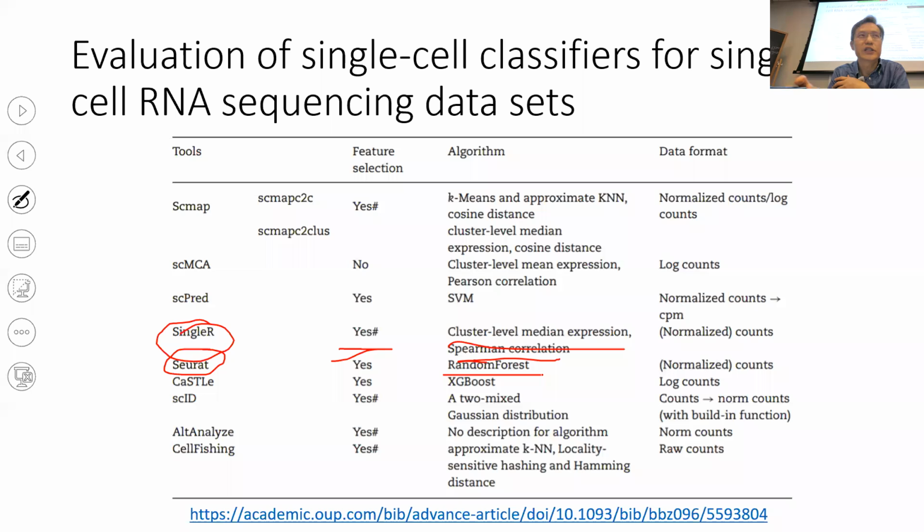I don't know whether they changed it in the latest version, but those are the two packages I have ever heard of. And I mention this one because it uses SVM. That's what we are going to discuss next week.